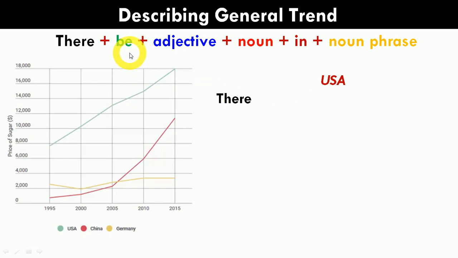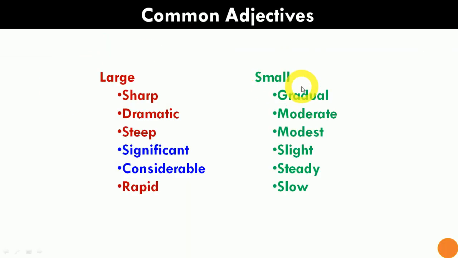So let's put was. Now, for the adjective we have a list of common adjectives. For USA, remember the difference, guys. Try to guess an adjective. Here is the list of common adjectives, so you can choose any of these.